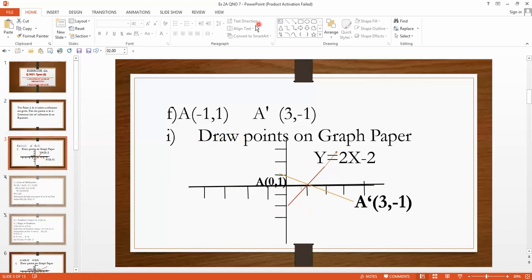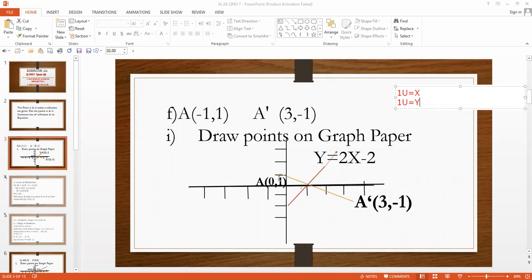First of all, I have to write the scale. It is very necessary. So again, I take 1 unit for x, and similarly 1 unit for y. Clear?